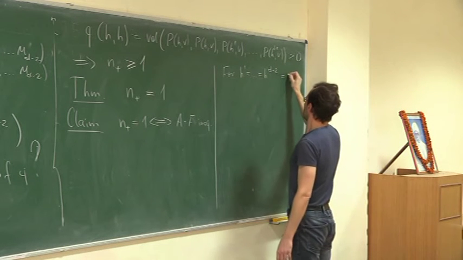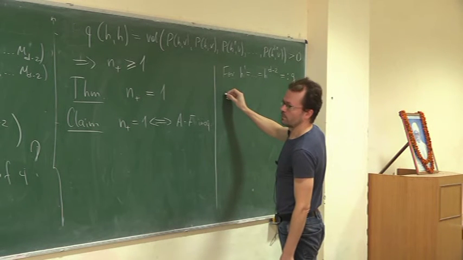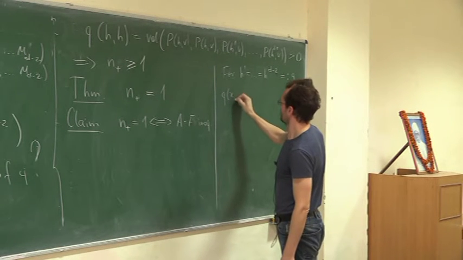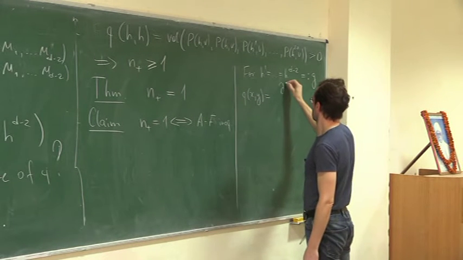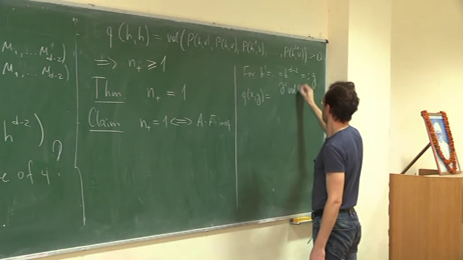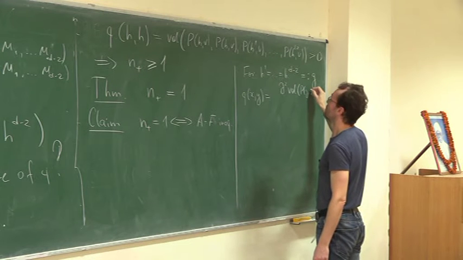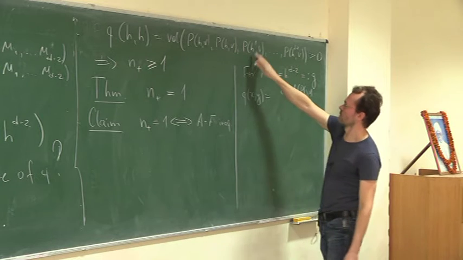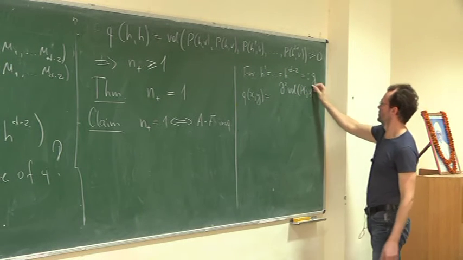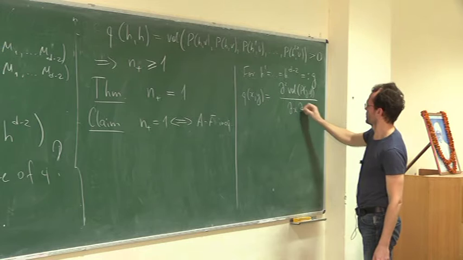Q(x, y) is the second partial derivative of the volume of P(g,V) in directions x and y.